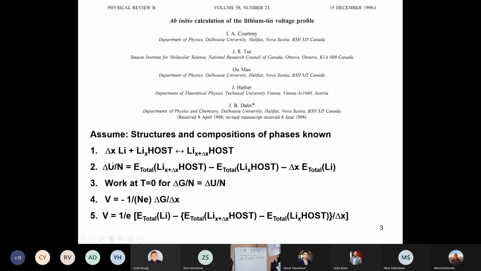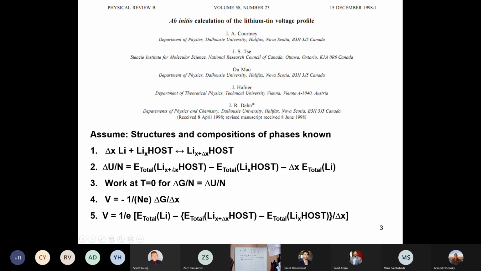So the change in the internal energy per, let's say, tin atom or per formula unit, depends on how you want to do this, but we're going to say it's per tin atom for the time being, is the total energy of the products per tin atom, where host would be a tin atom, minus the total energy of Li_x host per tin atom, minus the total energy of lithium metal multiplied by however many lithiums you transferred from the metal into the host.